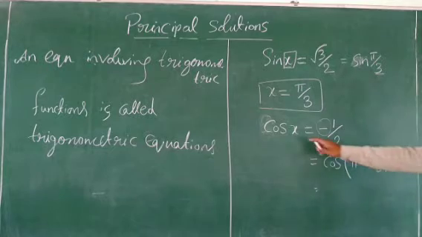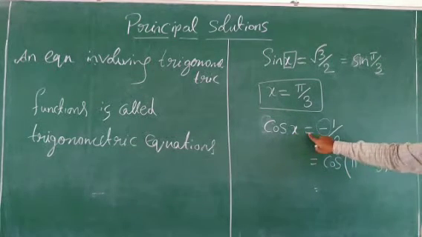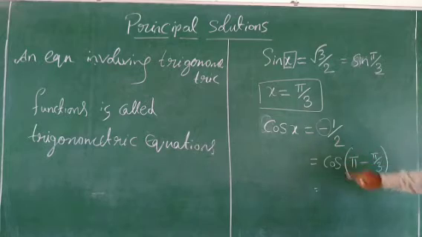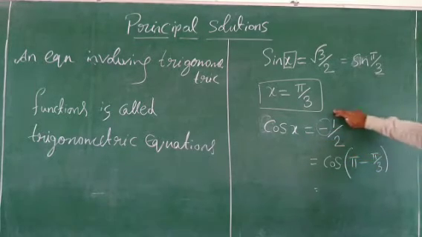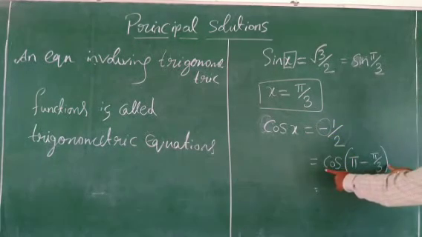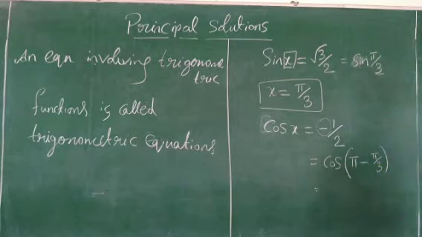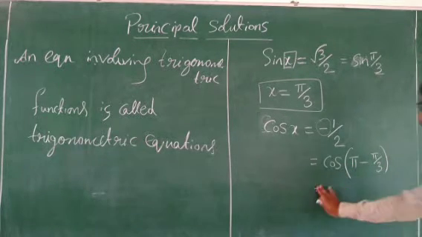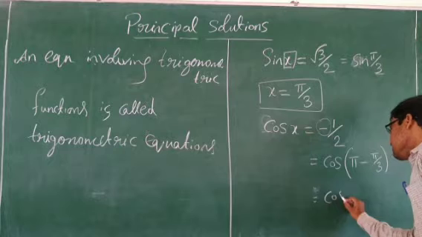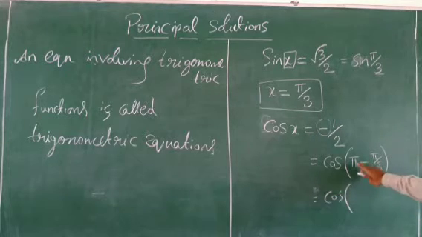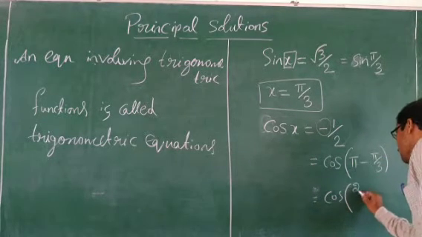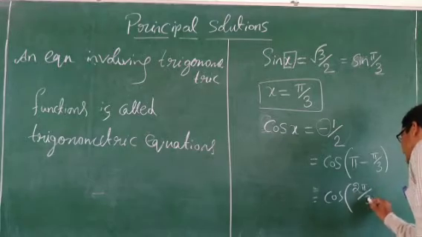In the same way, here we are writing cos x is equal to minus 1 by 2. This minus 1 by 2 we are writing as cos of pi minus pi by 3. Now we simplify this. Pi minus pi by 3 is 2 pi by 3.